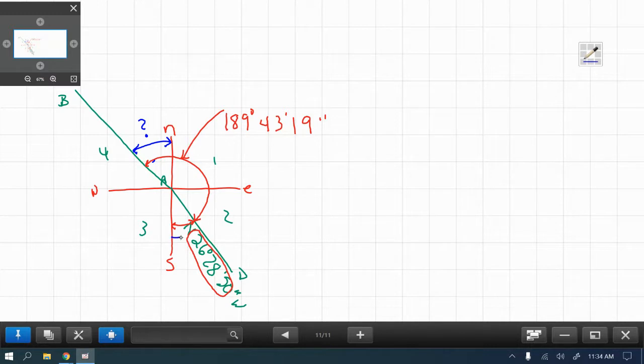Then that would give you from here all the way back around. And if you know it's a straight line, then you could subtract 180 from it. So this is one of the harder ones. So I'd say 189 degrees.